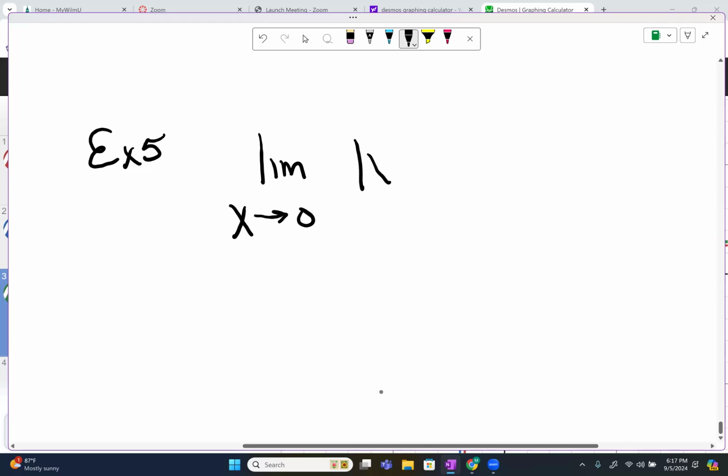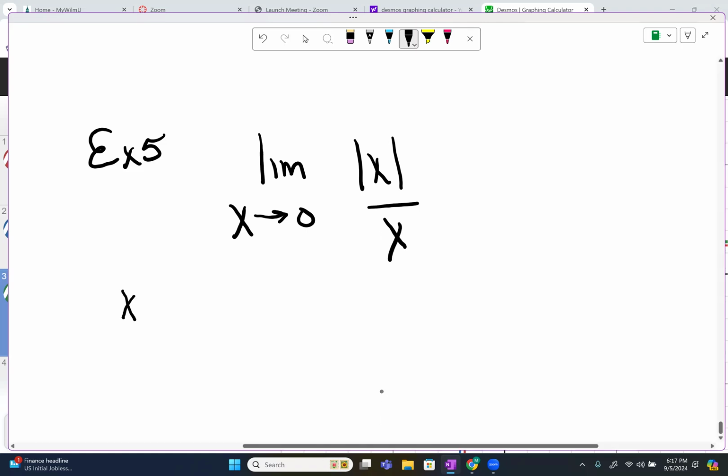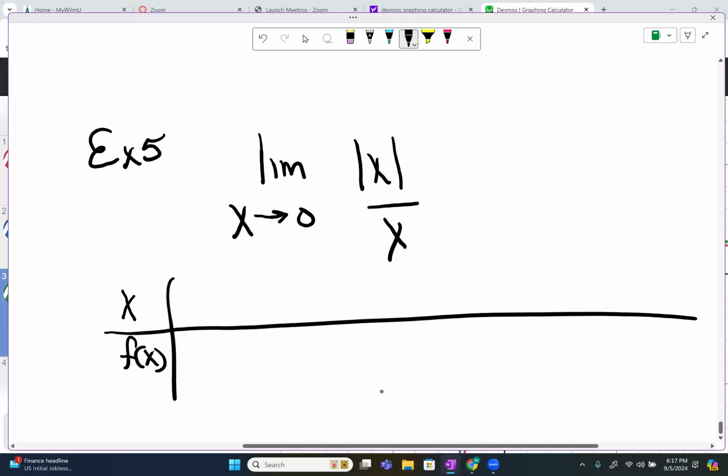for the absolute value of x over x. So if you look at a graph, say you have x and f of x, and I'll take it to the middle.